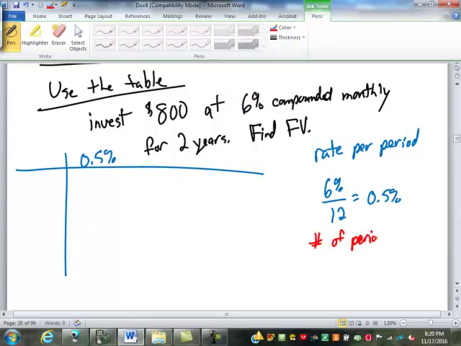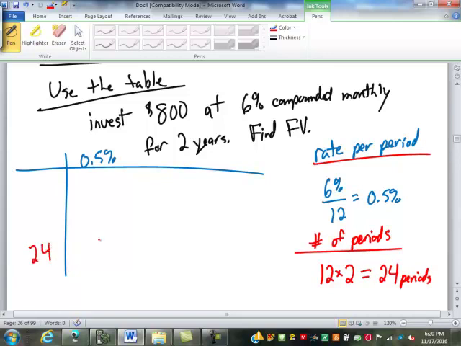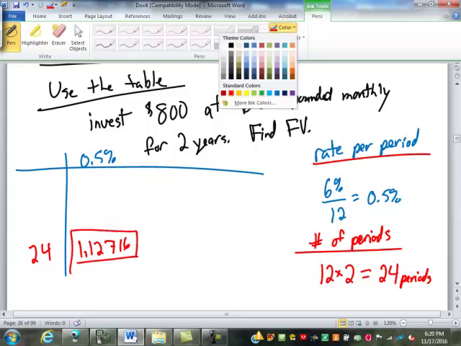How do we find the number of periods? Our periods per year, which is 12 because it's monthly, times the number of years, which is 2, gives us 24 periods. So on our table, we're going to look at 24. So we follow 24 and 0.5 gives us 1.12716, our compound interest factor.